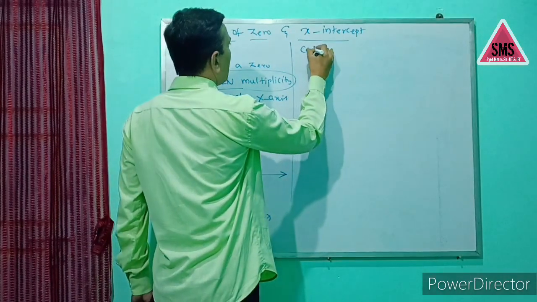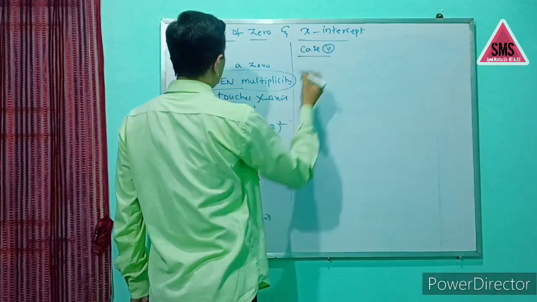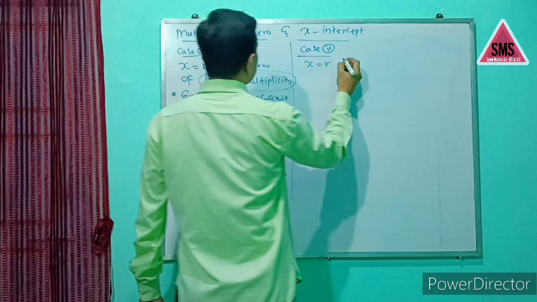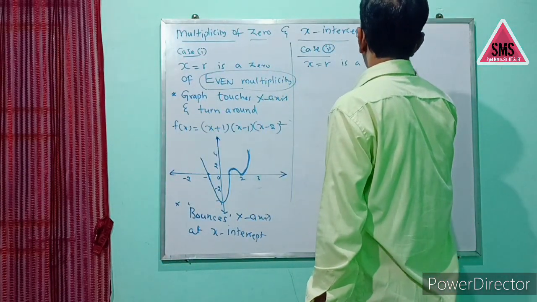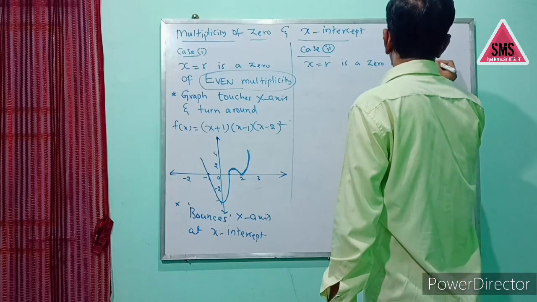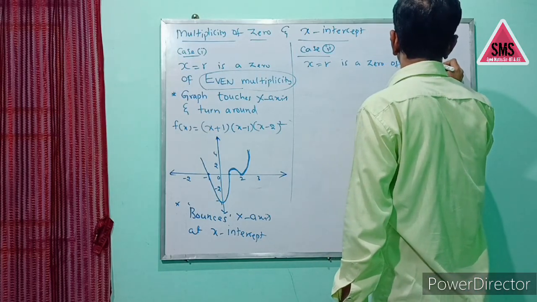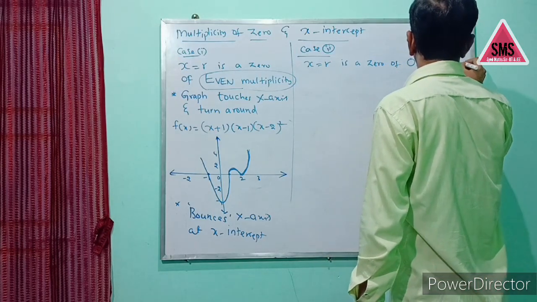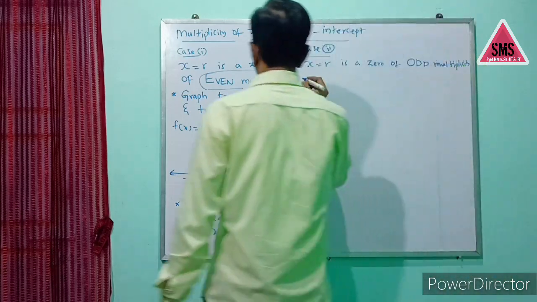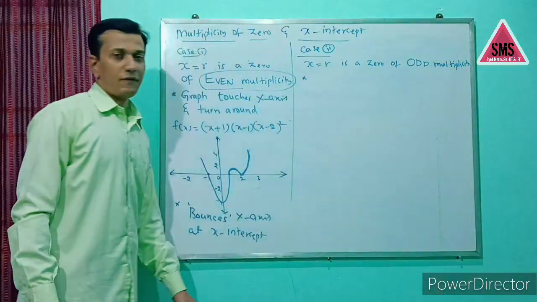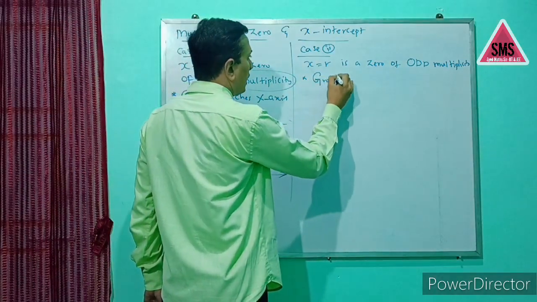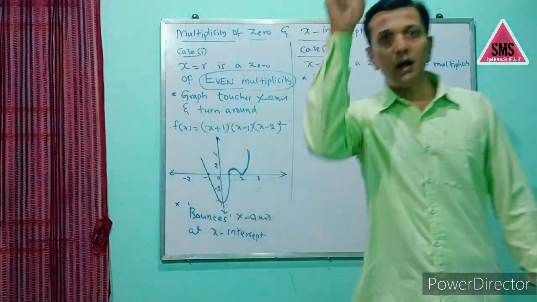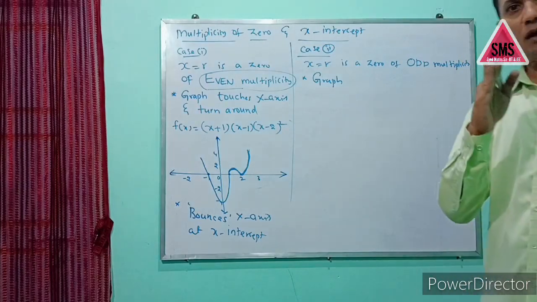Similarly, we have case 2. Now x equals r is a zero of odd multiplicity. So what will happen to the graph? Now the graph will cross the x-axis. What's the meaning of crossing?